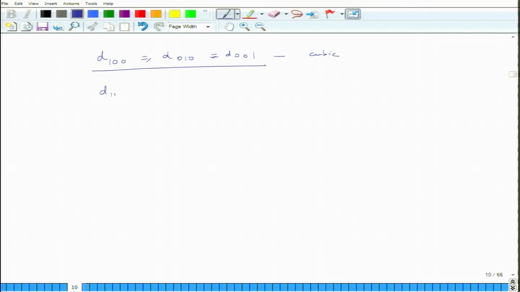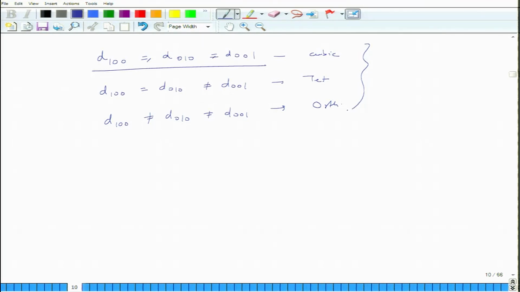In case of tetragonal, D100 is the same as D010, but it is not the same as D001. In case of orthorhombic, things are even different for other planes, other systems. So, this is just for orthogonal systems.